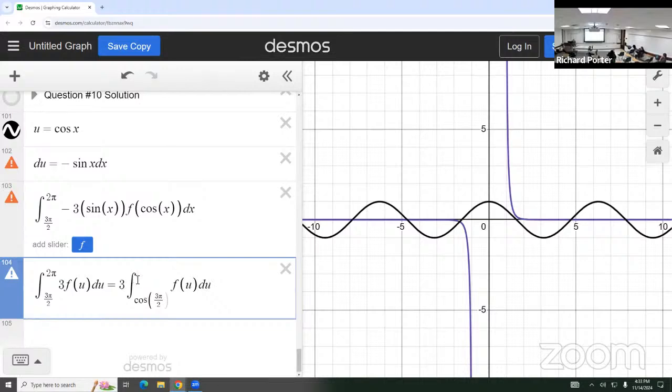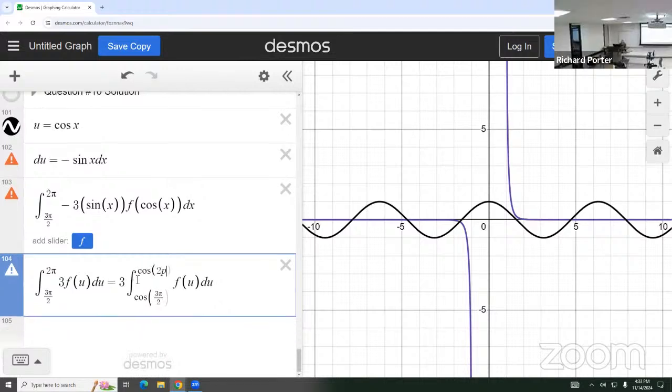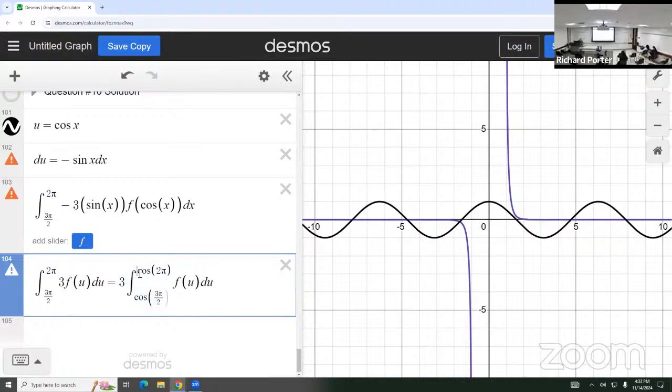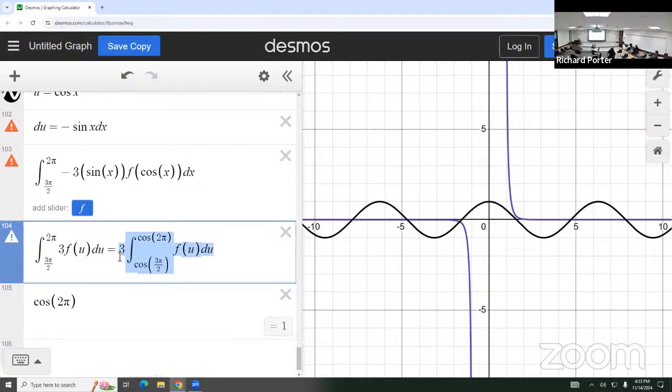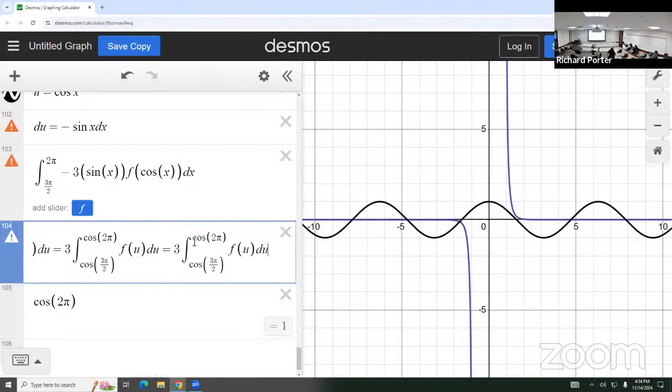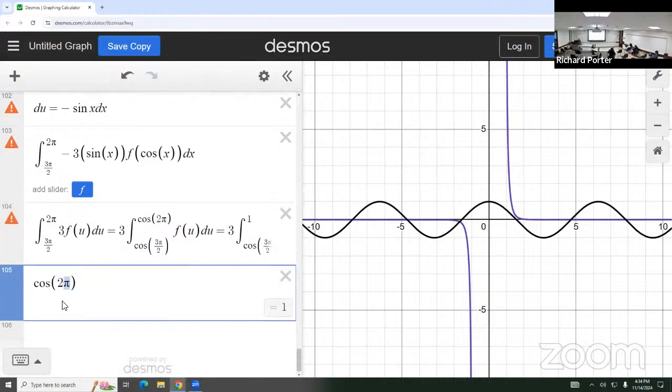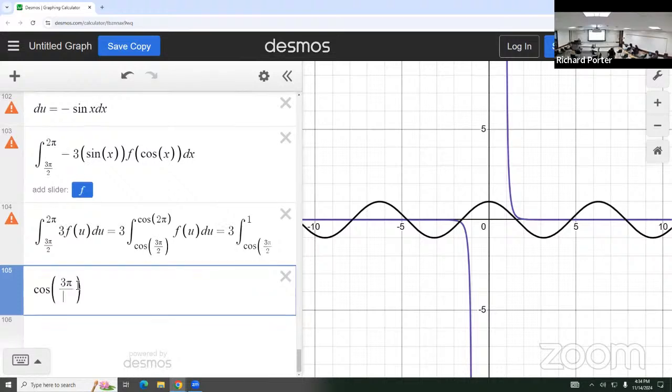Cosine what? Okay, so what are those things? I'll just ask Desmos. So that's 1. This is 1. And what's the cosine of 3 pi over 2? That's 0.